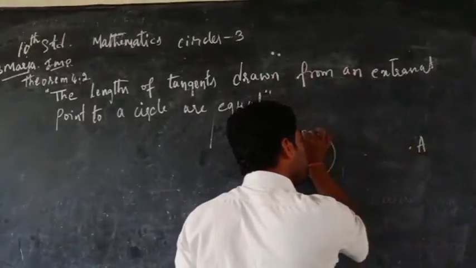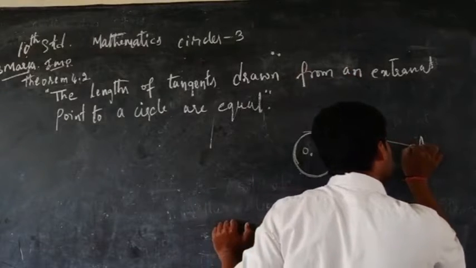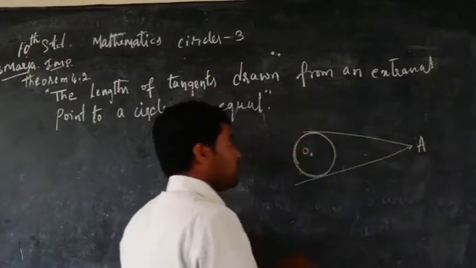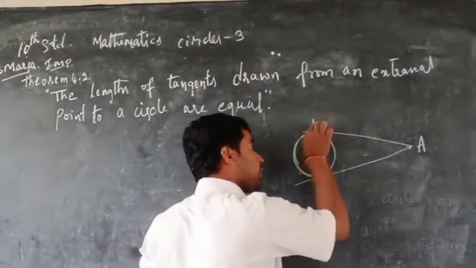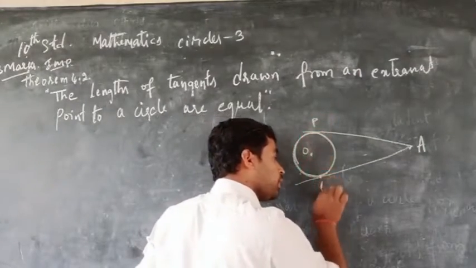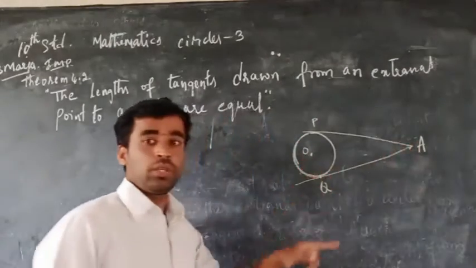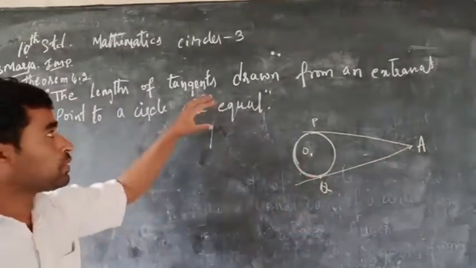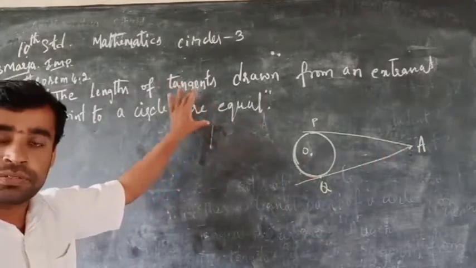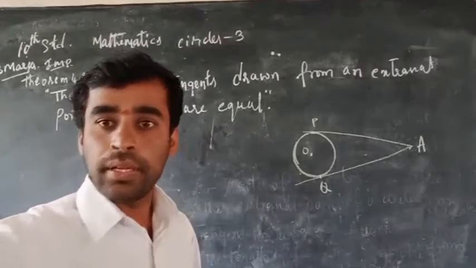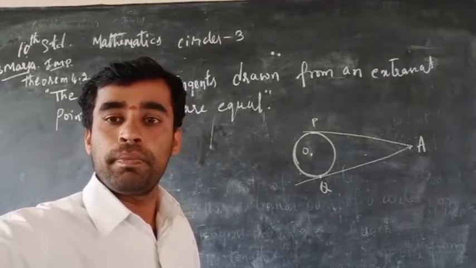From A, we need to draw the two tangents. This is one tangent and this is the other tangent, and the points of contact are P and Q. Here AP and AQ are the two tangents. Based on this statement, I draw the circle.